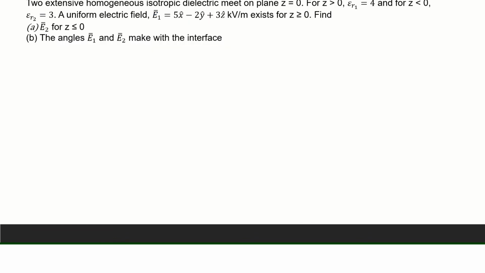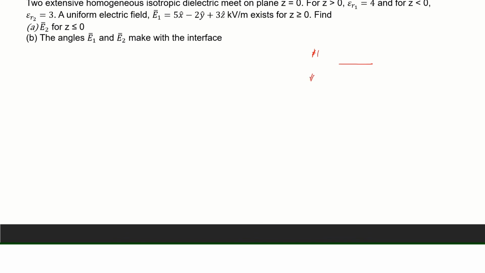I would like you to try these by yourself first. Later on I will give you the solution. Let's try this: two extensive homogeneous isotropic dielectrics meet on the plane z equals 0.